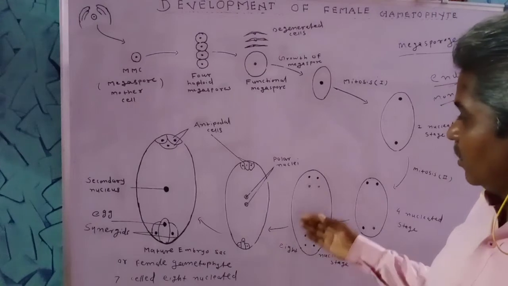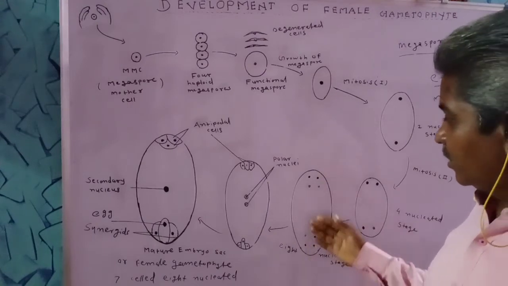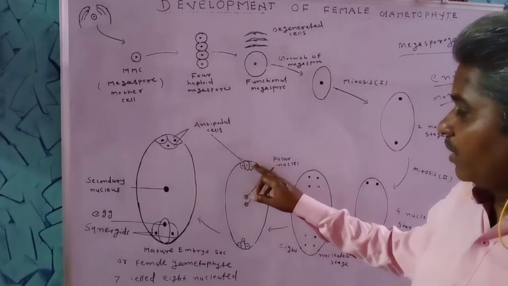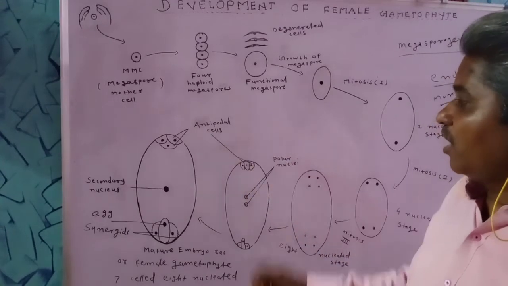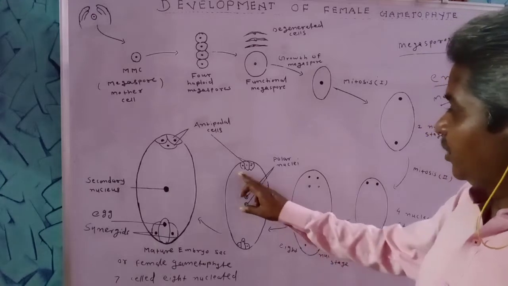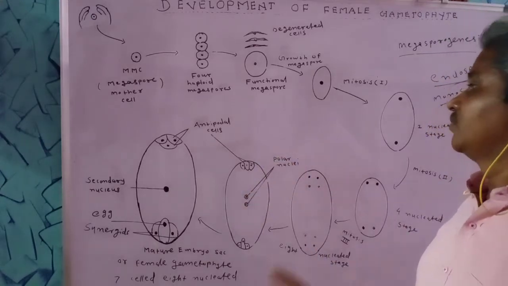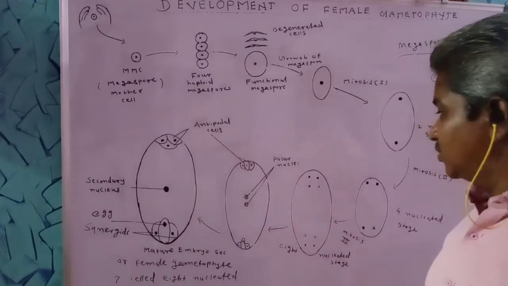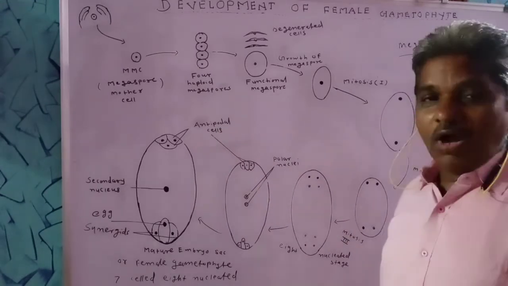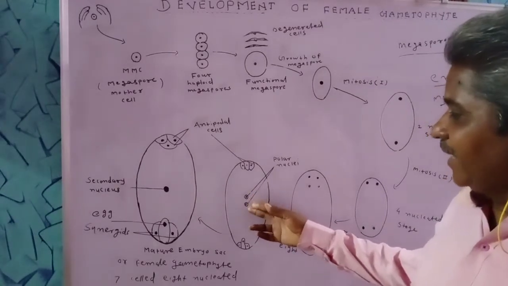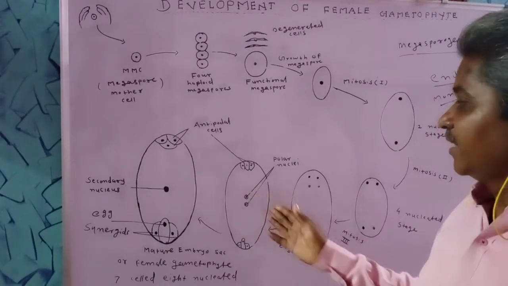What about the remaining cells towards each pole? The 3 nuclei towards the chalazal end are organized to form 3 cells called antipodal cells. So out of the 8 nuclei, 2 nuclei migrated to the center from each pole and are called polars.